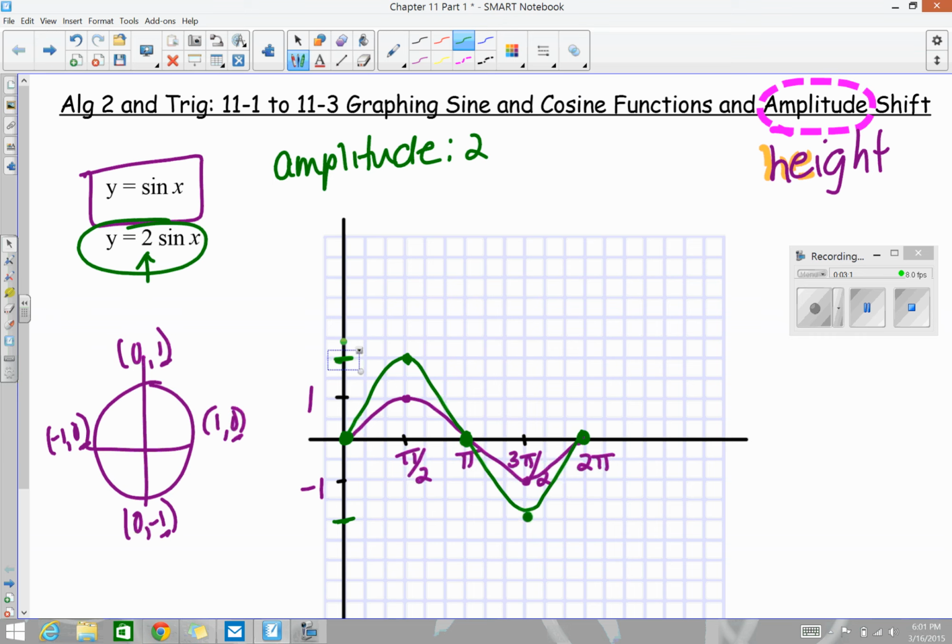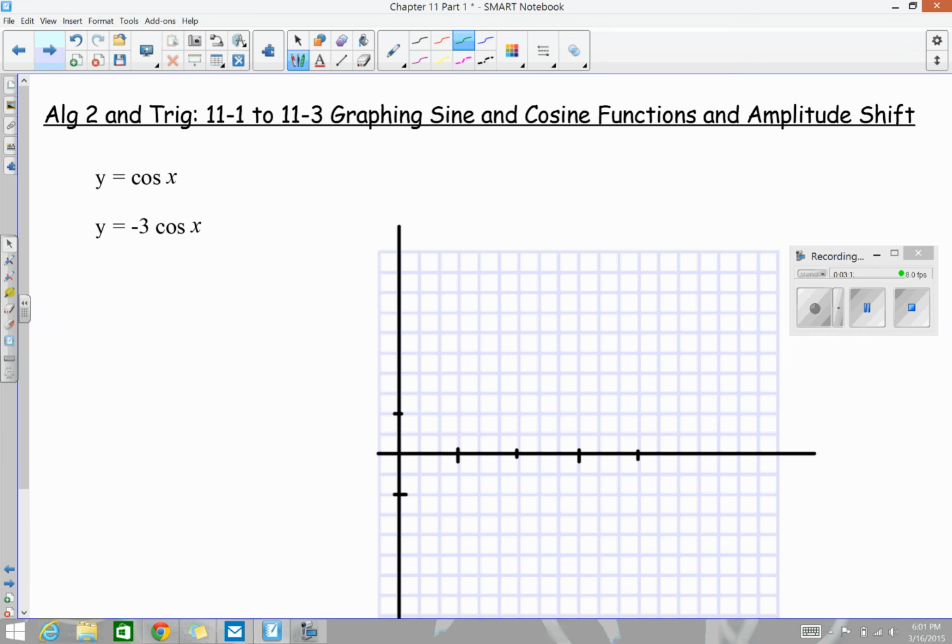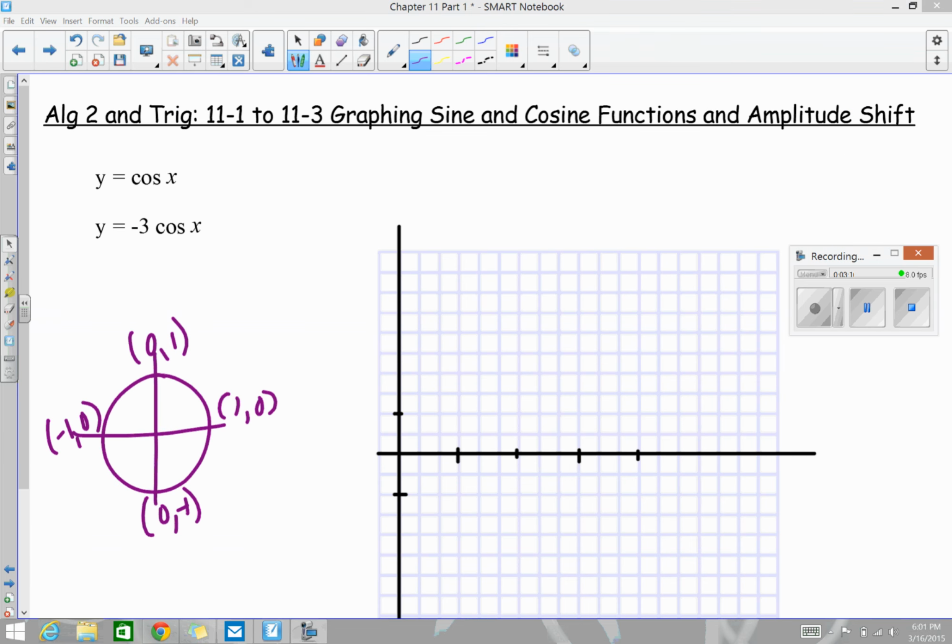Let's do the cosine curve, next page. Okay, cosine, x values. So 1, 0, negative 1, 0, back to 1. Same thing, every 3 lines represents 90 degrees.